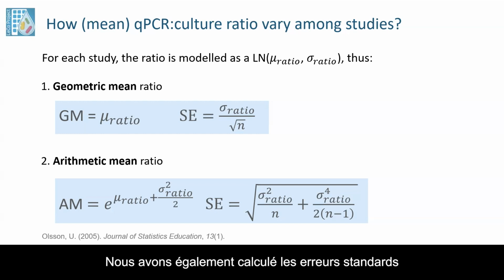We also calculate the standard errors for both types of mean, which allowed us to properly weight each study in the meta-analysis. The important advantage of this method is that we can compare ratios across diverse buildings and system conditions.